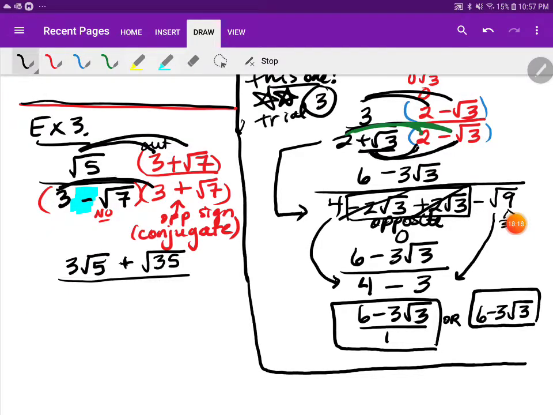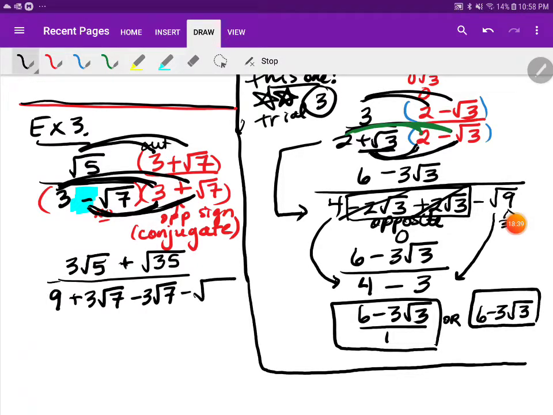So this is 3 times 3, which is 9. 3 times positive rad 7, positive 3 rad 7. And here's where what we picked is going to work, because that's minus 3 rad 7. So that's going to get the rad 7s to cancel. And then minus times plus is minus. Rad 7 times rad 7, when you multiply it, you get rad 49.